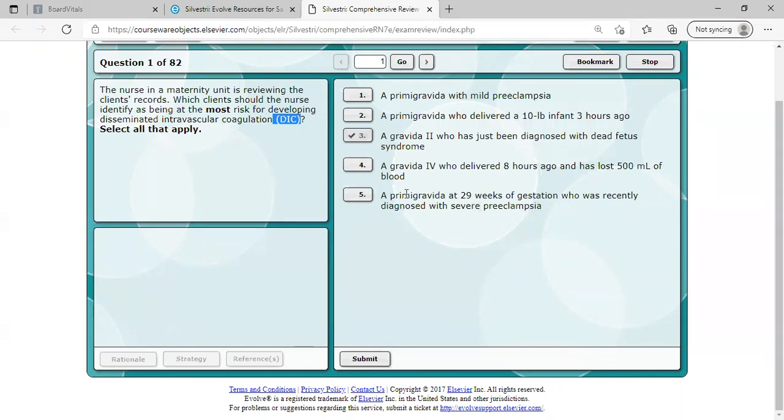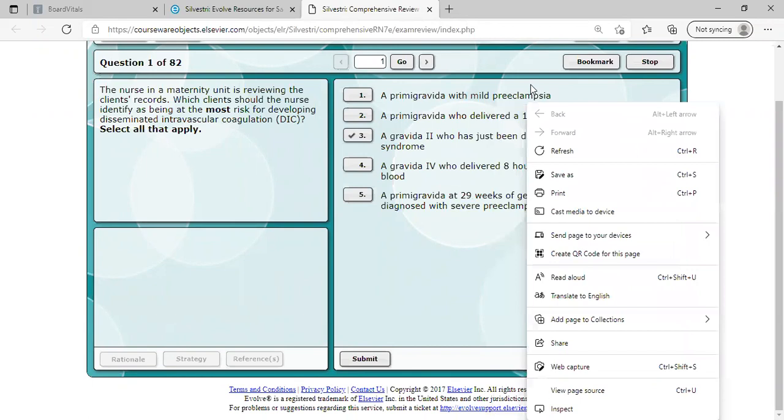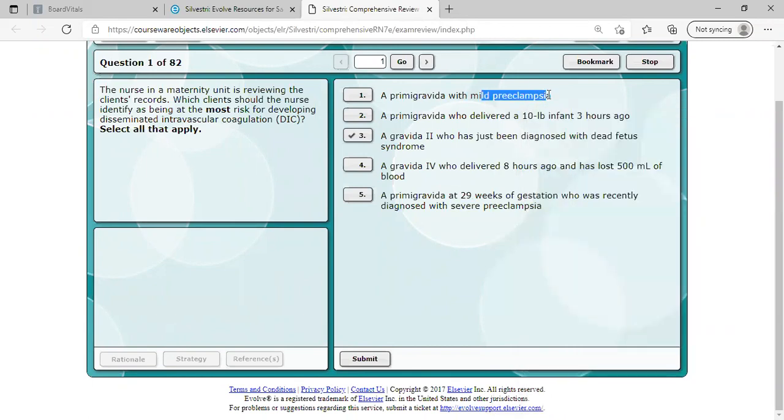So first time coming to delivery, the baby is premature, 29 weeks, and she was recently diagnosed with severe preeclampsia. Mild preeclampsia can lead to eclampsia, but if anybody has severe preeclampsia, they are at risk of developing a lot of complications, and one of them is DIC. So it is also a good choice, right?